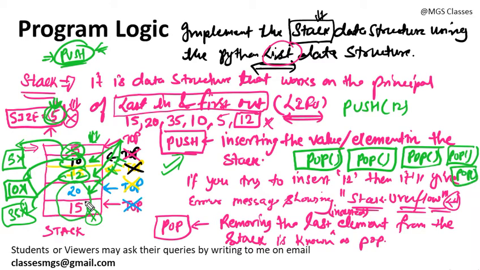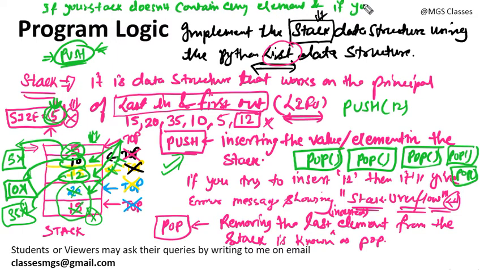15 is removed. Suppose you keep on removing the elements from the stack. If your stack doesn't contain any element and you try to pop, then this condition is known as stack underflow.